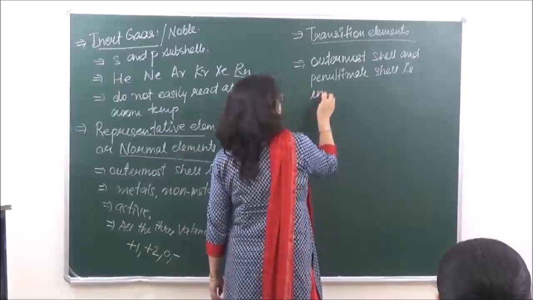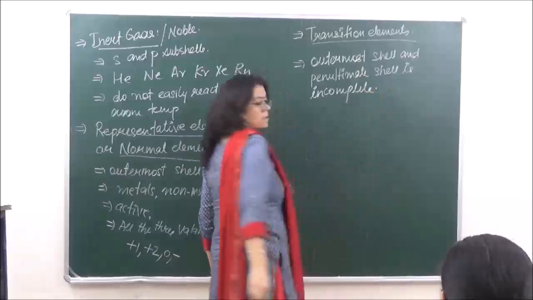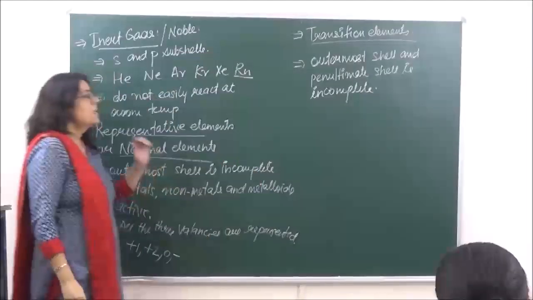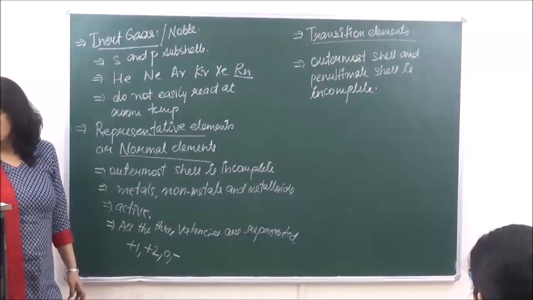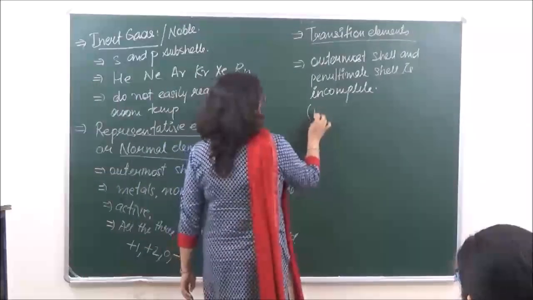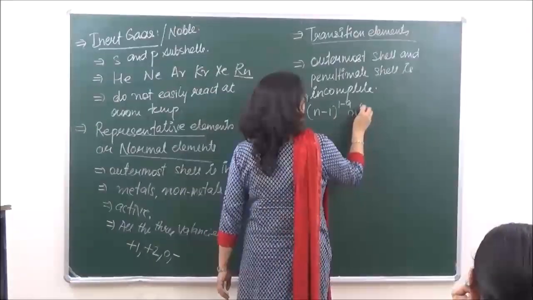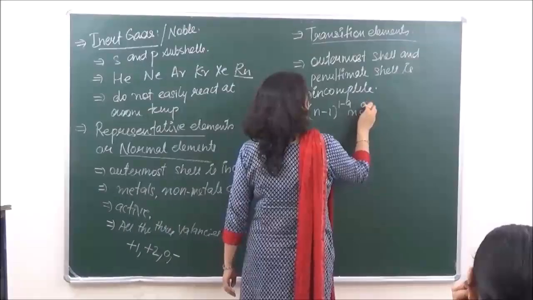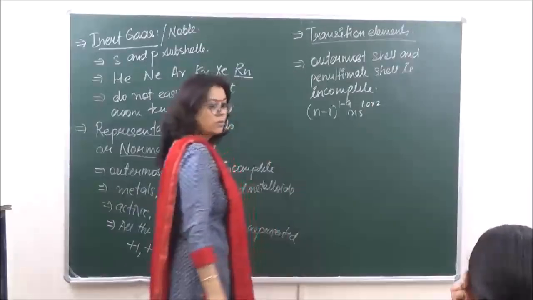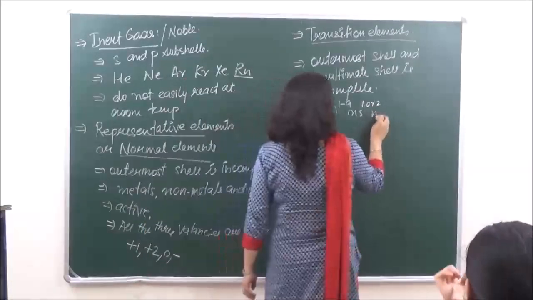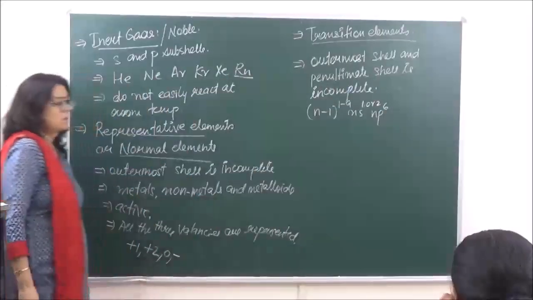For example, the general electronic configuration of this element is (n-1)d 1 to 9, ns 1 or 2, right?